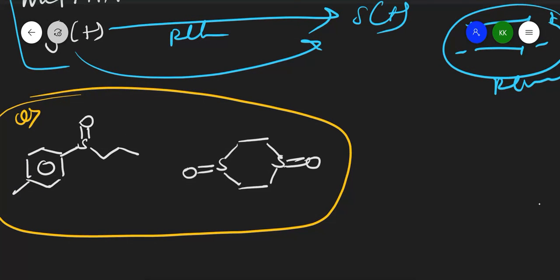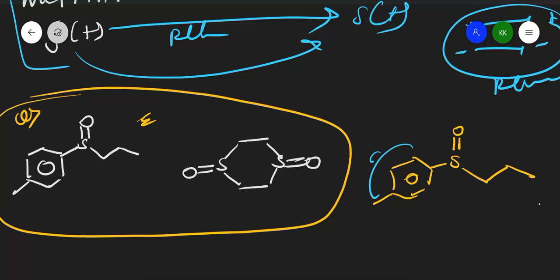Taking this compound, this is sulfur attached to double bond O. Here I have a para-methyl C6H4 CH2, and here propyl. So all the substituents are different here. This one is A, this is B, this is C, and sulfur will have a lone pair because its valence is 6, right?